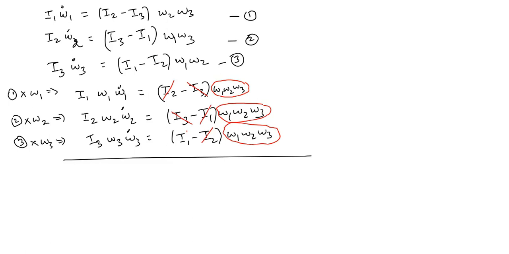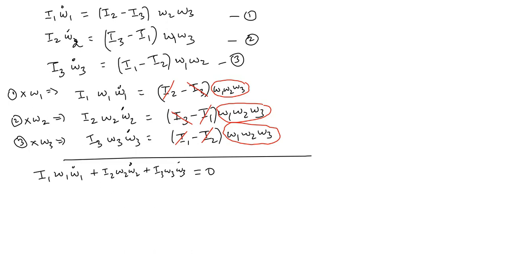Therefore the right hand side becomes 0. So left hand side it is I1 omega 1 dot plus I2 omega 2 dot plus I3 omega 3 dot.